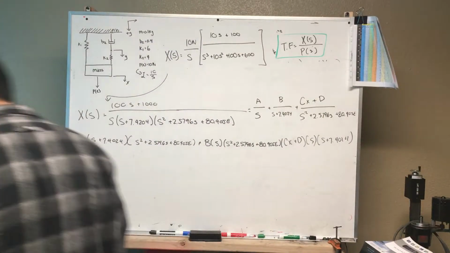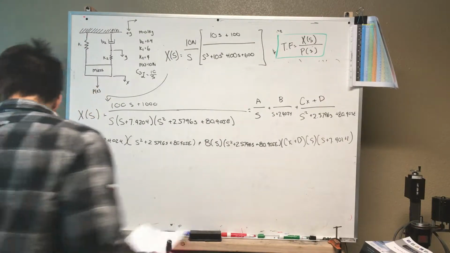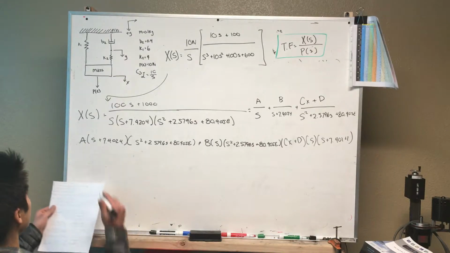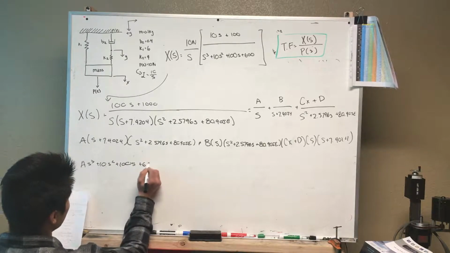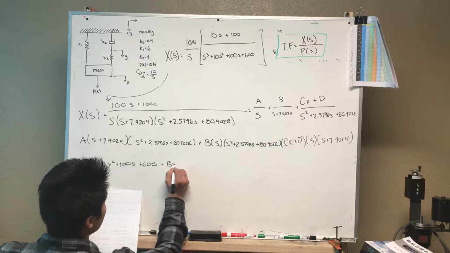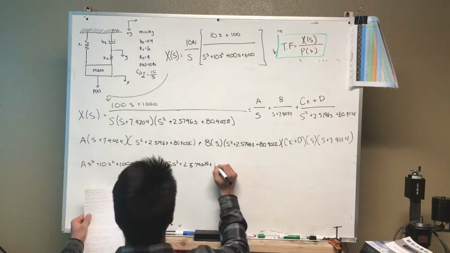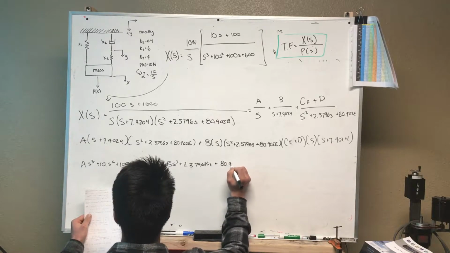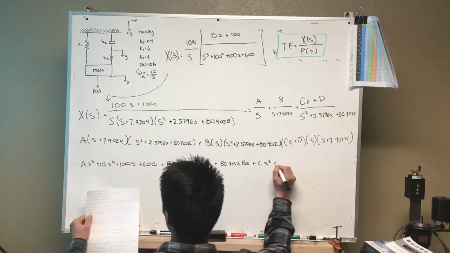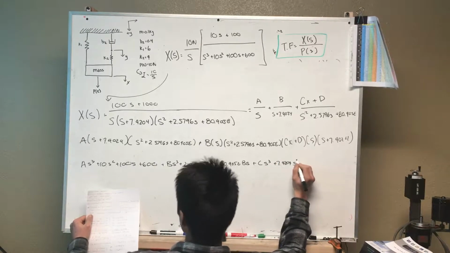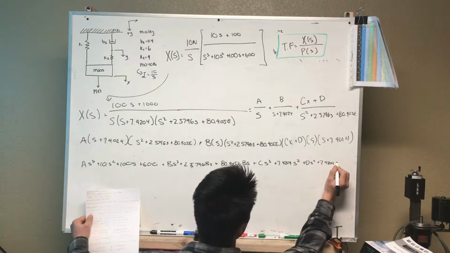I understand. But the cool part about this is that, sure, you're going to have to find all that, but once you have it, your main equations are going to look like As cubed plus 10s squared plus 100s plus 600 plus Bs cubed plus 2.5796 Bs plus 80.9058 Bs plus Cs cubed plus 7.4204 s squared plus Ds squared plus 7.4204 Ds.